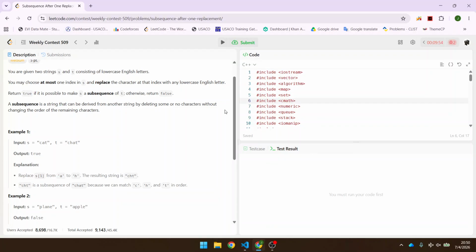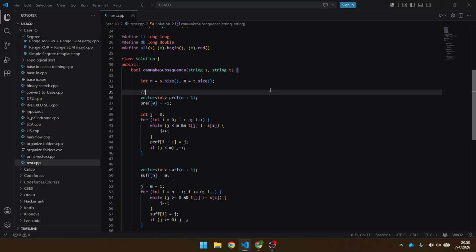So what I mean by that is, we have this pref I. Pref I to J means J is the minimum index in T such that T0 to J contains S 0 to I minus 1. So that's pref I. I'll go into details later, and this is suff I.